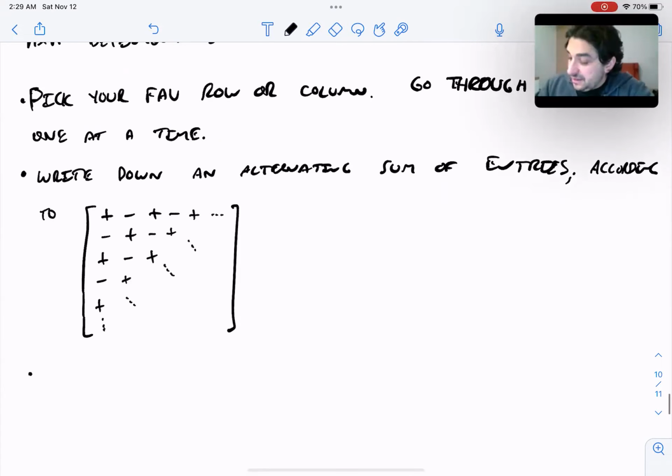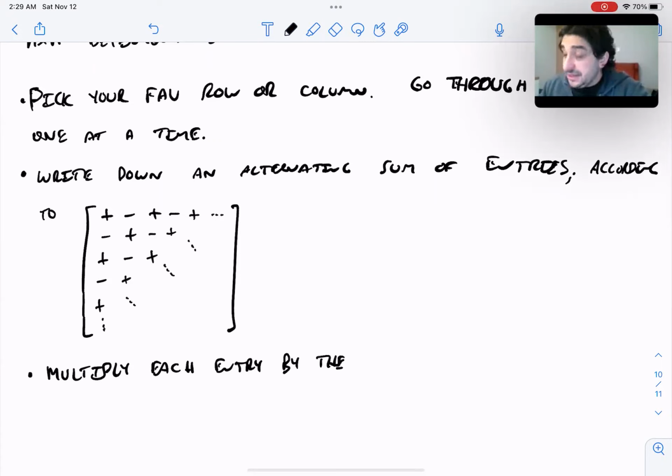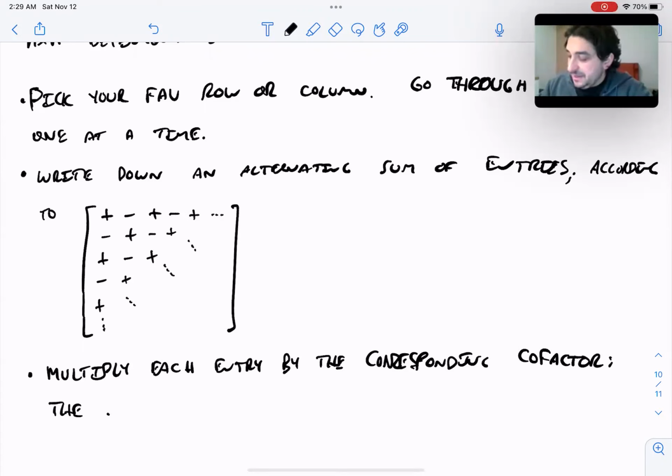And then what you do is you multiply each entry by the corresponding cofactor. And what the cofactor is, it's the matrix with the row and column of that entry deleted.